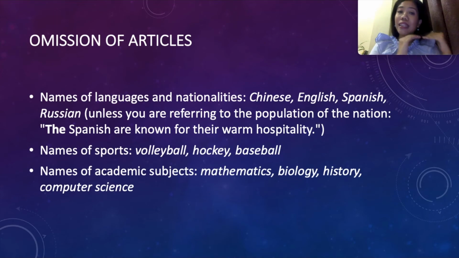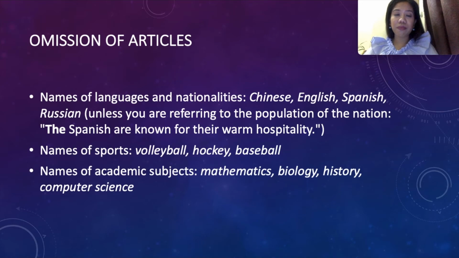So if it is a language or nationality, we do not use articles: Chinese, English, Spanish, Russian, Filipino. Unless you are referring to the population. The Spanish are known for their warm hospitality, which means the Spanish refers to its population, not the language.